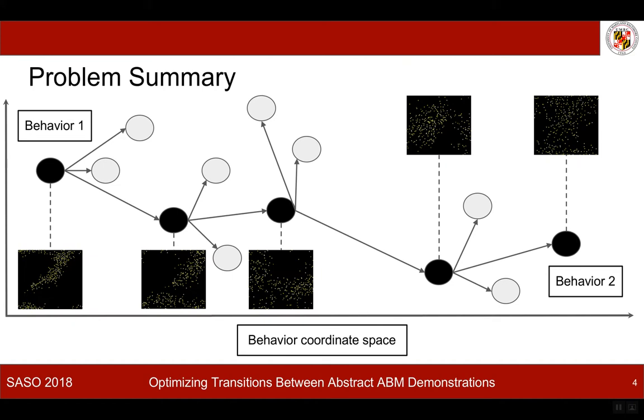One approach to this is to view behavior 1 and behavior 2 in terms of a physical location within a coordinate system. In this case, different transitions will take us to different locations within that coordinate system. Again, our goal is, when starting from behavior 1 on the left, to reach behavior 2 on the right.